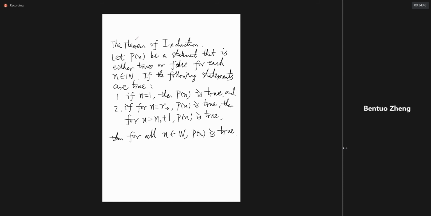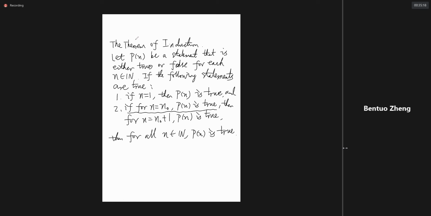Now, the second step is you assume, this is the additional condition you can use for mathematical induction, that for n equals some n0, the statement is true, then you have to justify that for the next element n equals n0 plus 1, the statement is also true.